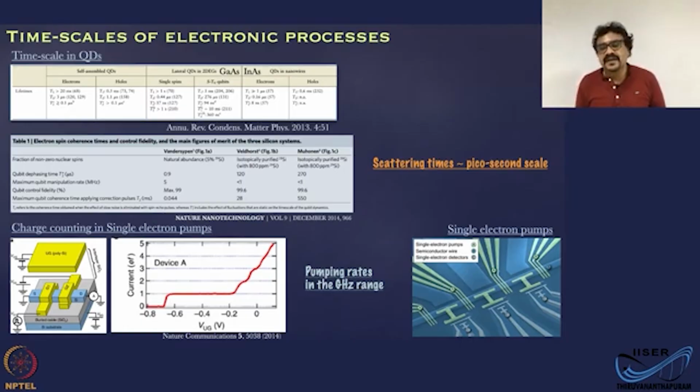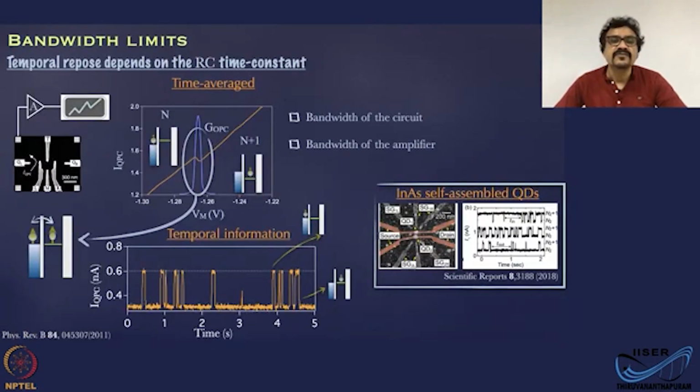All this would be possible only if we have a detector which is really fast. And all the charge sensors that we have discussed so far in the last two classes are ultra sensitive, but they are very slow. That is the main bottleneck. In this lecture, we will take a quick look at all those charge sensors and also discuss some new technologies in this field where you can detect this charge motion in a much faster time scale.